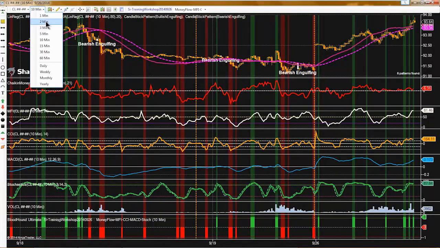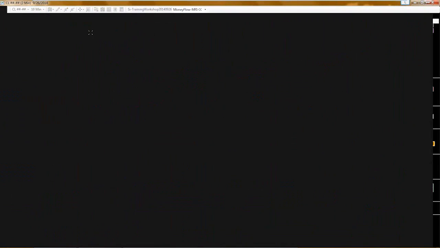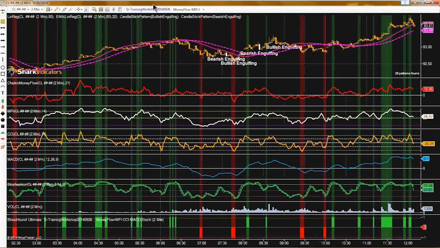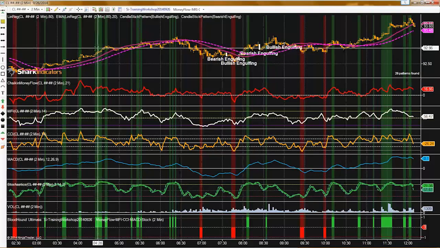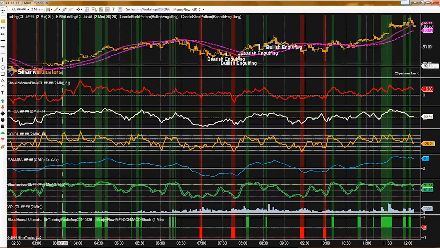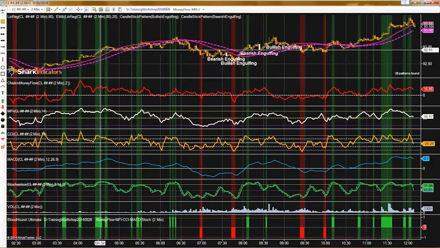So let's take this one step further. Let's put the chart back on the 2-minute. Let's say we want the 2-minute and the 10-minute to be in agreement. So we don't want to take any of these 2-minute signals here, unless the 10-minute agrees with the 2-minute.